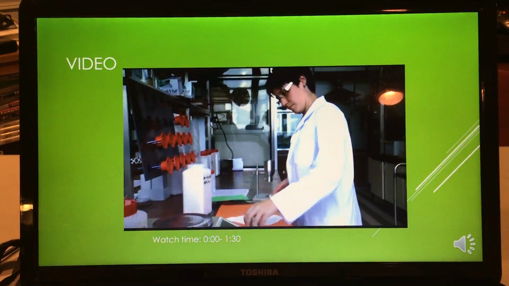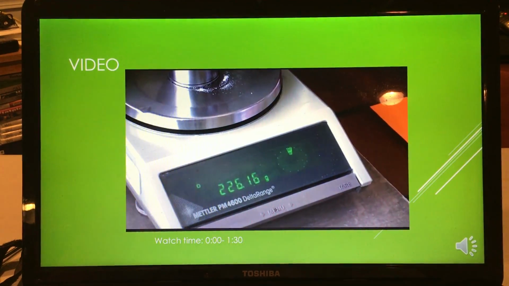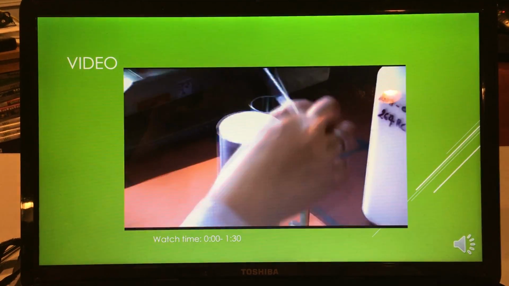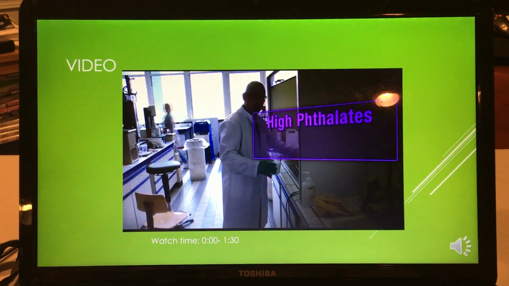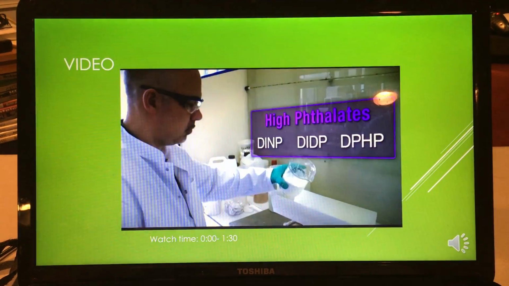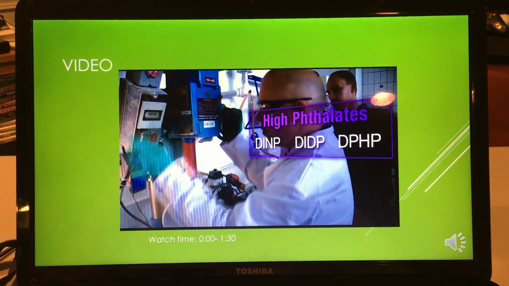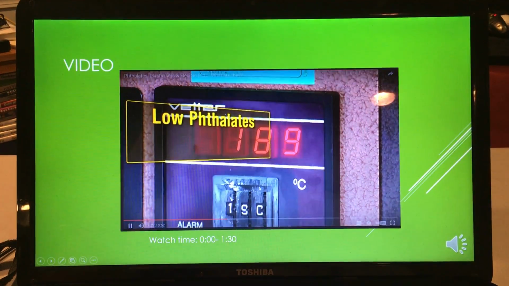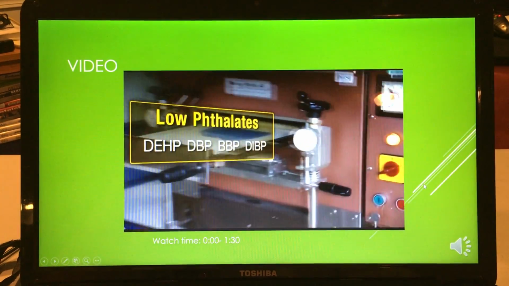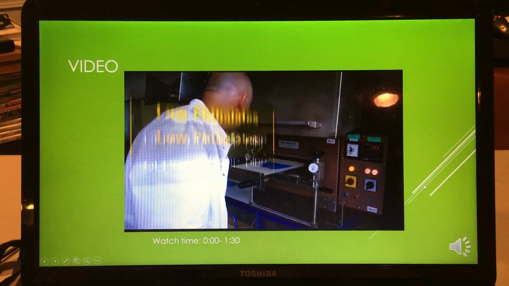As industries, markets, and regulations evolve, so do phthalates. There are two main groups in this family of chemicals. High molecular weight phthalates, or high phthalates, have been risk assessed by the EU authorities and found to be safe for use in all current applications. On the other hand, low phthalates are tightly regulated by EU legislation due to their potential effects.